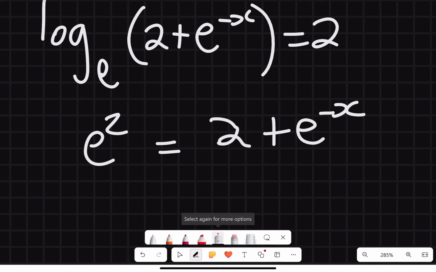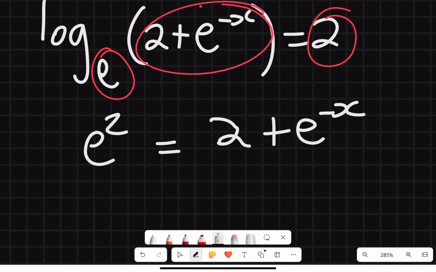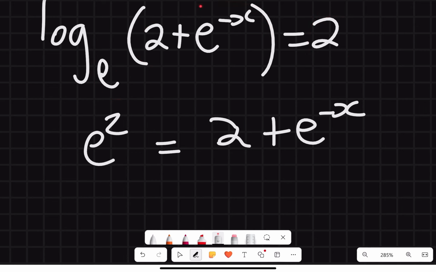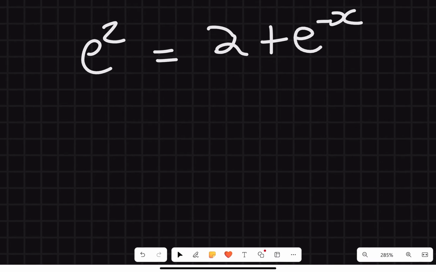Remember this: when you read it, it's like e to the power what will give you this answer. In this case, e to the power 2 will give you this answer. Awesome. Now let's keep on going.